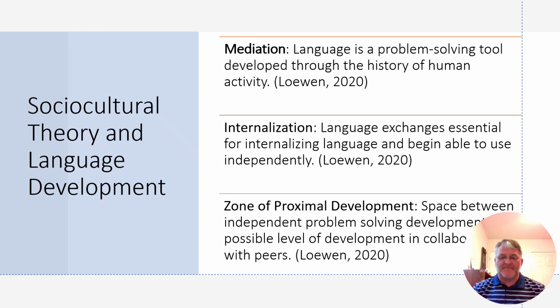Vygotsky saw the zone of proximal development as the space between independent problem-solving development and possible level of development in collaboration with peers. So I drew the correlation here that by working in collaboration with others, one could argue that this was a bit of an application of the I+1 within sociocultural theory.